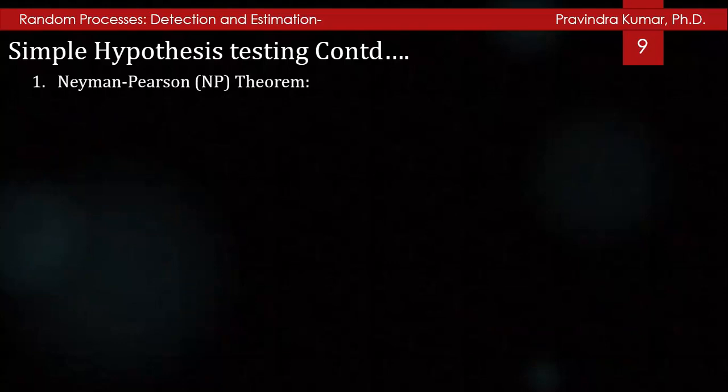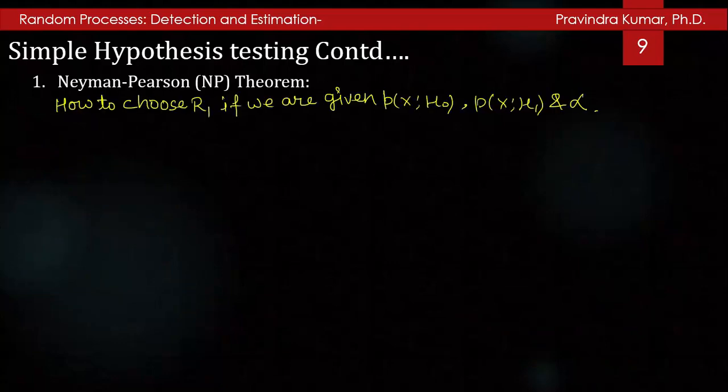Now the Neyman-Pearson theorem. The NP theorem tells us how to choose R1 if we are given the PDFs under hypothesis H0 and H1.